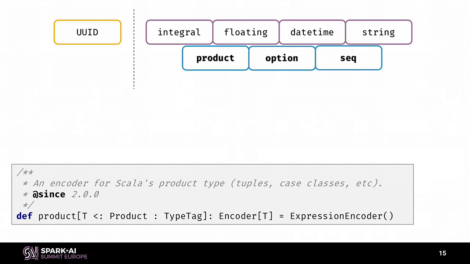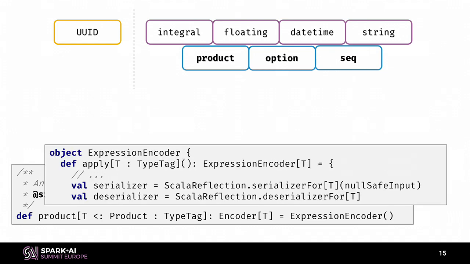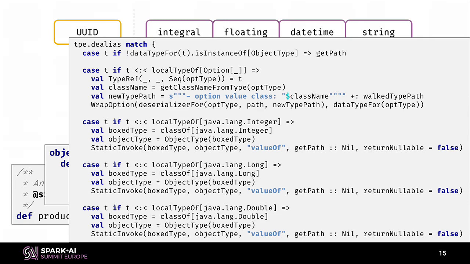Why? Because here, how it looks like in Spark, you have this product that finds an expression encoder, that finds a Scala reflection serializer, and that will have basically hard-coded values of cases, which it supports, and obviously you won't have the case for the UUID, which means that this API is not extendable.